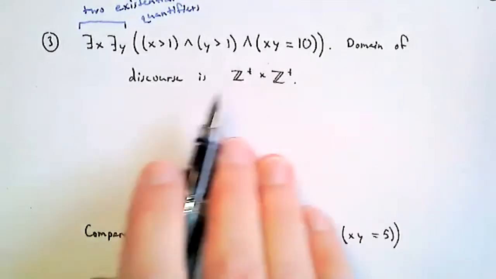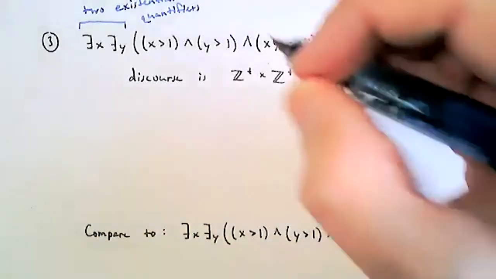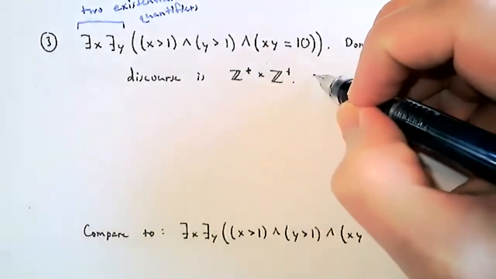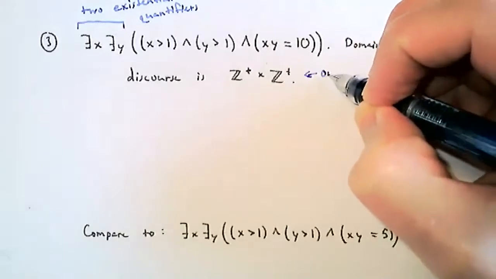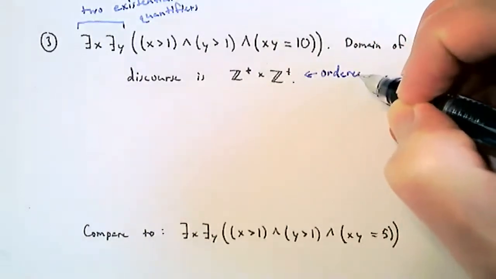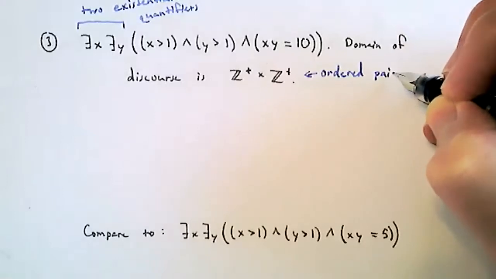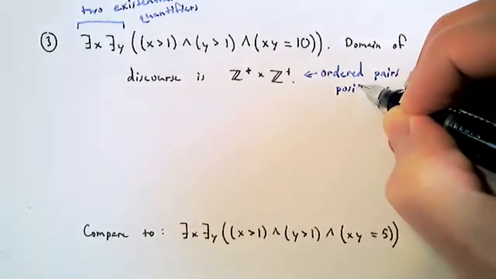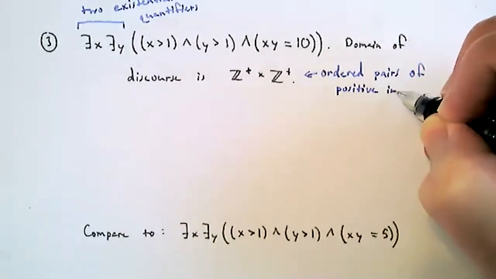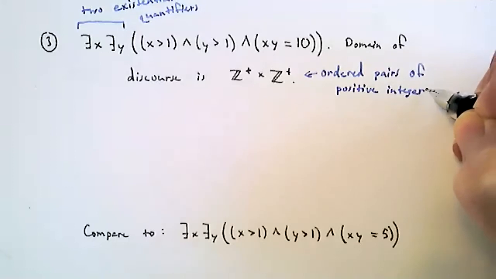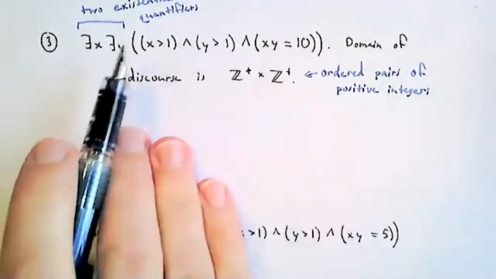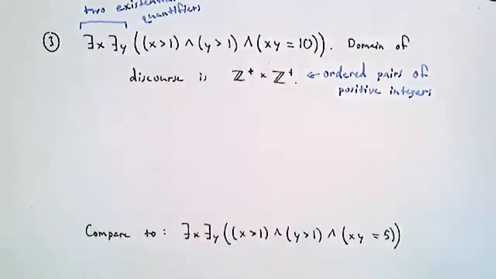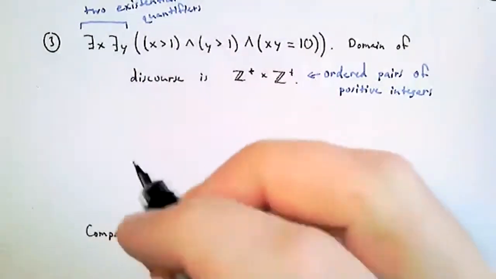And keep in mind the domain of discourse. This is Z plus cross Z plus, ordered pairs of positive integers. So keeping in mind that our variables x and y are going to stand for positive integers, we can start translating this into English.